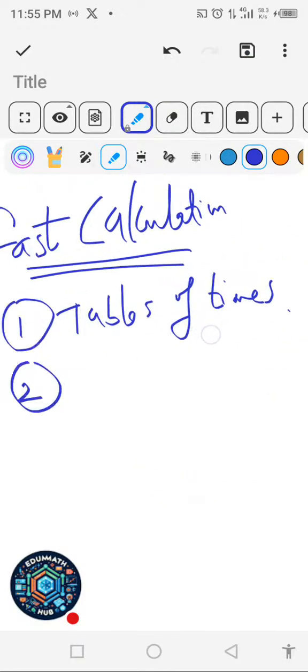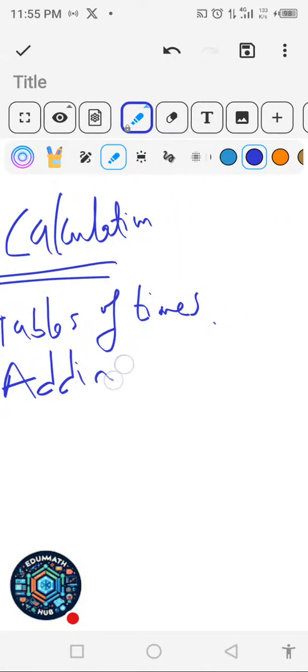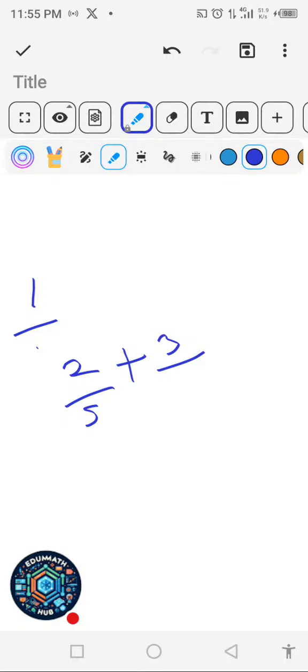Then also master fractions. How to add fractions. If you're adding fractions, master it very well. There are some fast methods you can use for fractions. Something like this, for example, you want to add 2 over 5 plus 3 over 7.